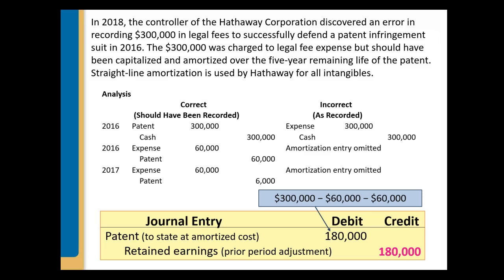A disclosure note accompanying Hathaway's 2018 financial statements should describe the nature of the error and the impact of its correction on each year's net income, which is understated by $240,000 in 2016 and then overstated by $60,000 in 2017, along with earnings per share.